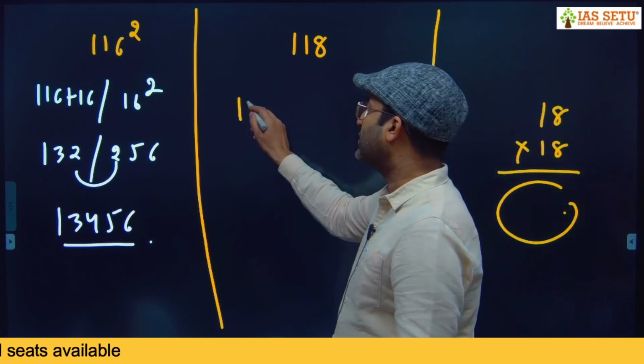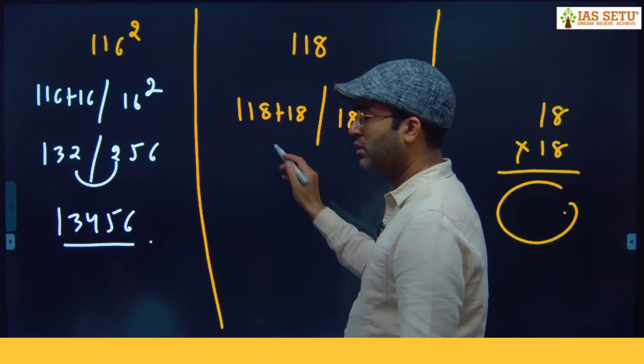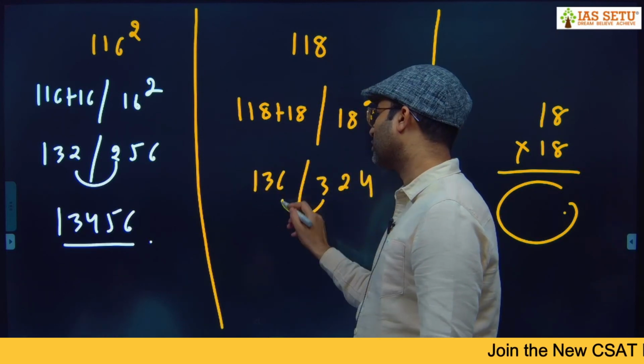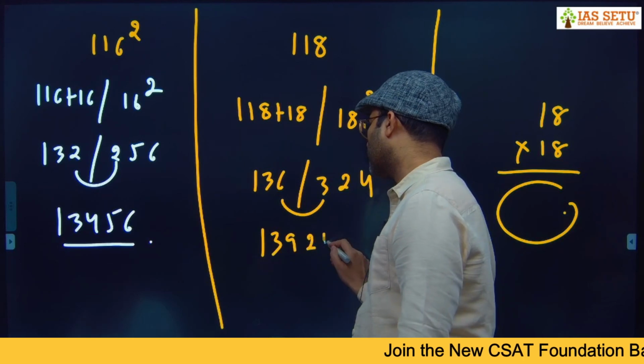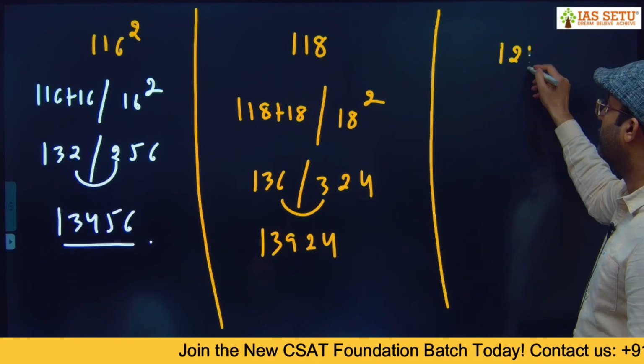So now here left hand side value is 118 plus 18, right side is 18 square. So it is 136. What is 18 square? 324. 3 carry forward, 13924. Now one more. Try 121 square.